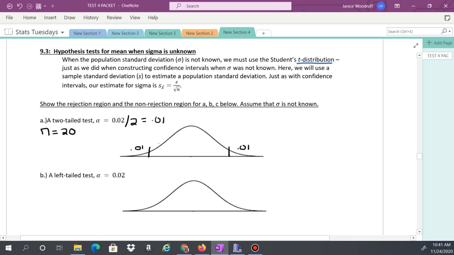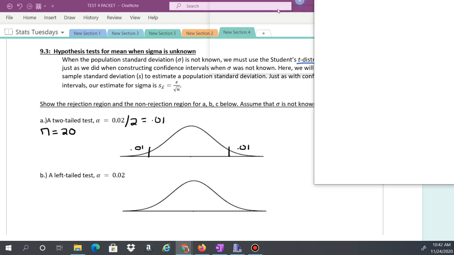Okay, so we're going to go back to our formula sheet where we have our t values. Let me go ahead and pull that up for you, or if you have your t formula sheet, pull that up. We're going to go to degrees of freedom of 19. All right, formula sheet.